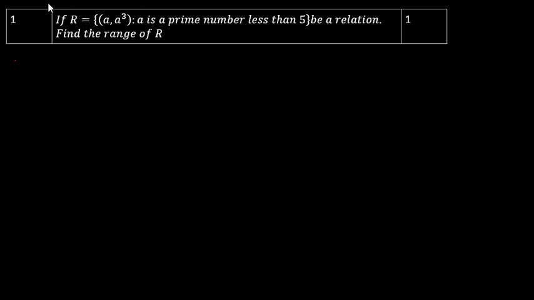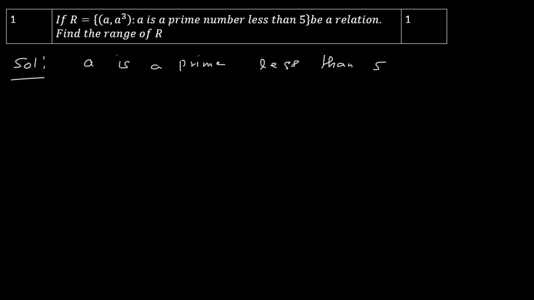Now here, a is a prime number less than 5. So the primes less than 5 are 2 and 3.